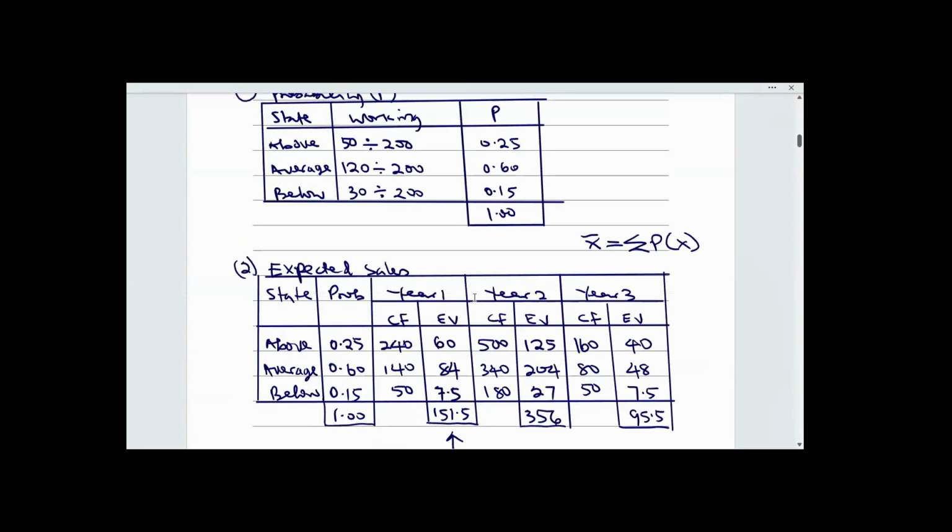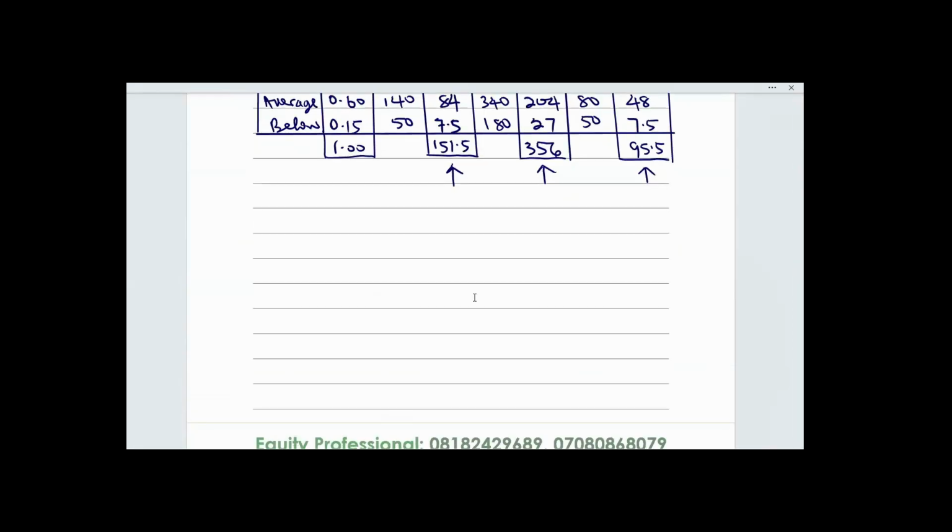We have opportunity cost on rent, working number 3. Opportunity cost on rent. In this case, I will create a column for year 1, year 2, and then year 3.